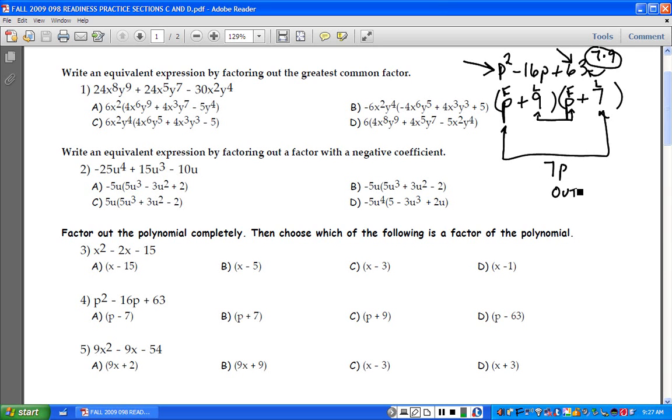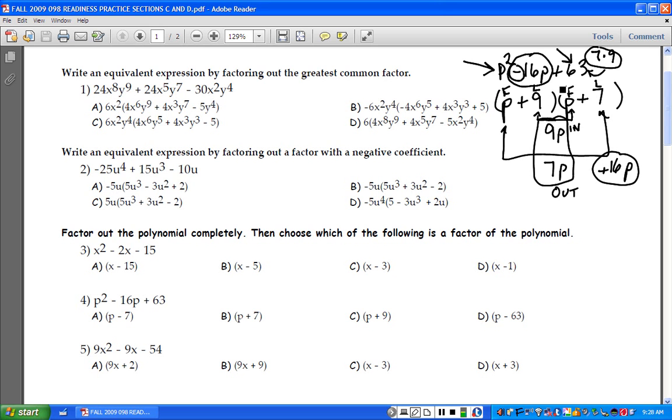And 9 times p is 9p, and there's our inside. When we combine these two, we get 16p, which is good. But here's the thing, we get a positive 16p, and in the initial problem we want a negative 16p. So when we run our check on our outside and inside, we're not getting the middle term that we want. So we have to change some things.